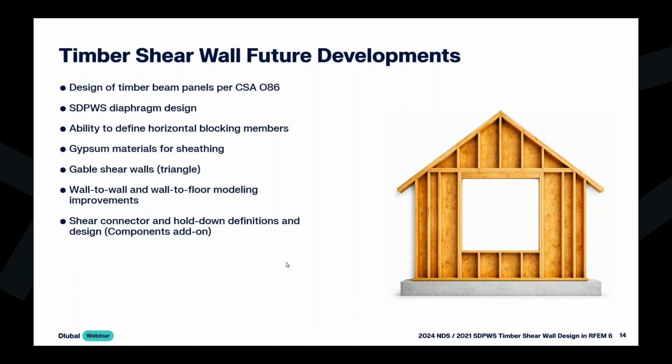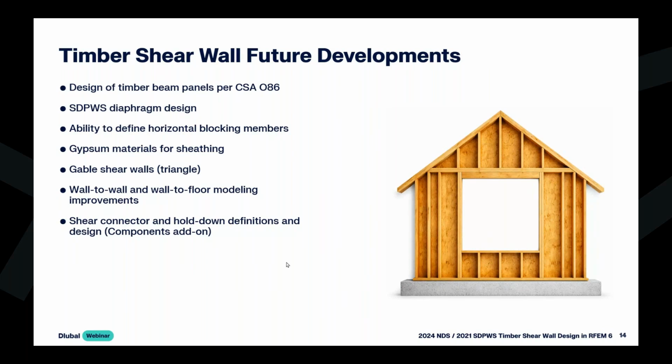We talked about wall to wall and wall to floor modeling improvements. So we're talking about when the sheathing is overlapping for walls at 90 degrees, for example. Again, we want to continue improving that just to make it a little bit more user friendly for you. And finally, a long-term development here, and I'm sure it's going to be requested, is how do we design these hold downs and shear connectors automatically based on different manufacturer products.